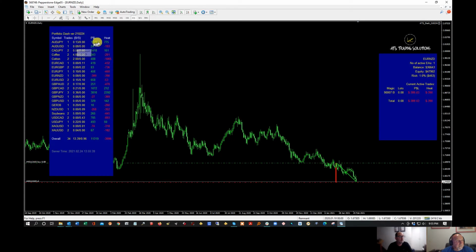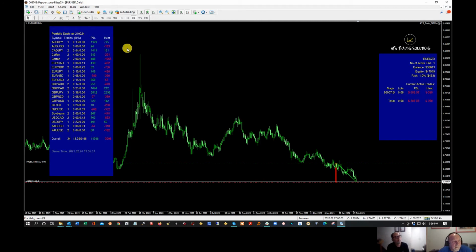So in the Aussie yen, for example, we've got 0.13 long and 0 short. So we've got a single trade on there, and that happens to be right now at a profit of $1,179.